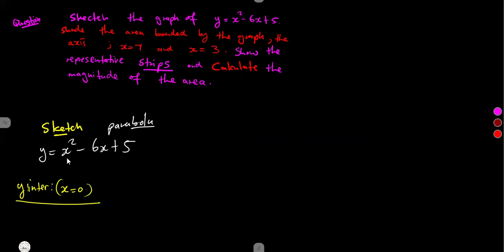So when x is equal to 0, you're going to substitute in place of x: y is equal to 0 squared minus 6 times 0 plus 5. That is what you're going to have. So you're going to see that y there was going to be positive 5. That's the y-intercept. When x is equal to 0, y is 5.